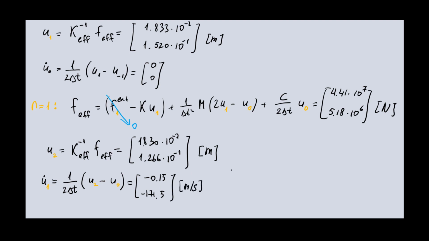Units are meters per second, and we can also obtain the acceleration u double dot 1. We use the following expression, and obtain the following result for the acceleration.